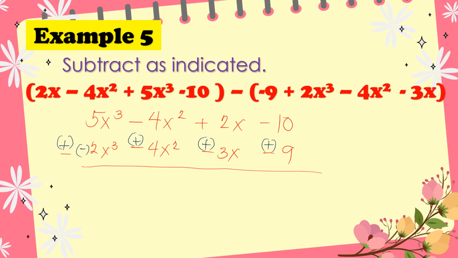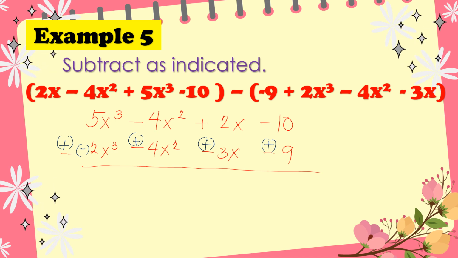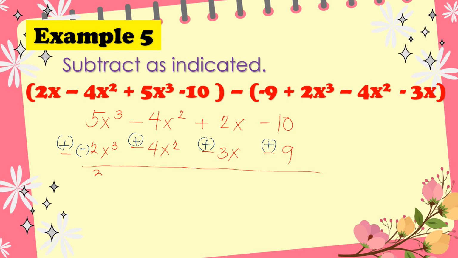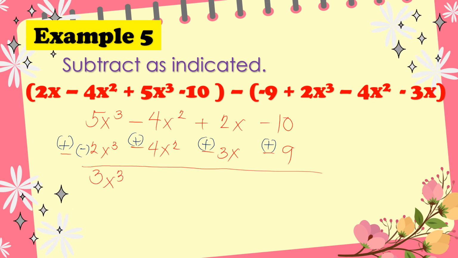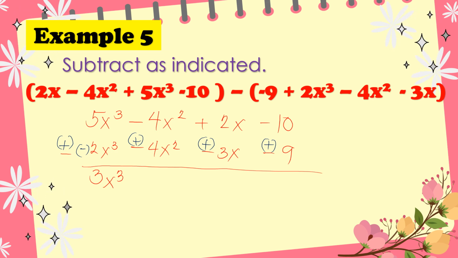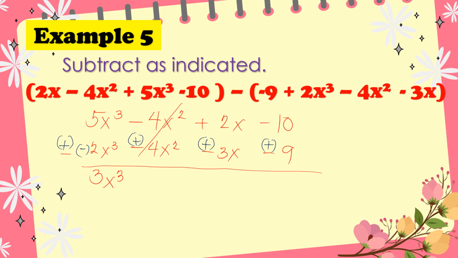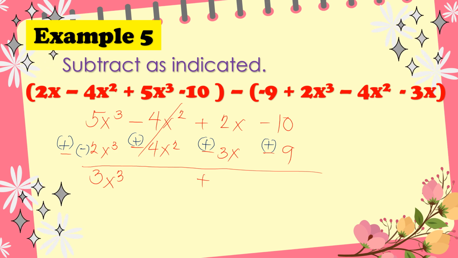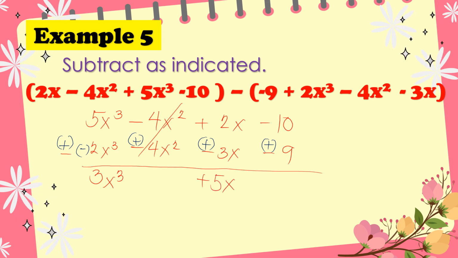So, 5x cubed plus negative 2x cubed, the answer is 3x cubed. Now, what we have here is negative 4x squared plus positive 4x squared. Additive inverse sila ng isa't isa, so makakancel out, naging 0. Positive 2x plus positive 3x, that would give us positive 5x.